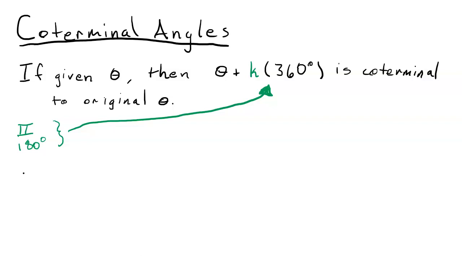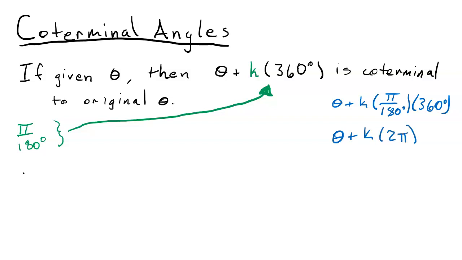So if we plug that in, then we have theta plus k times our proportion pi over 180 times 360. And 360 divided by 180 is 2. So all we have is theta plus k times 2 pi. Theta stays the same, k stays the same. The only thing that changes is what we multiply k by.